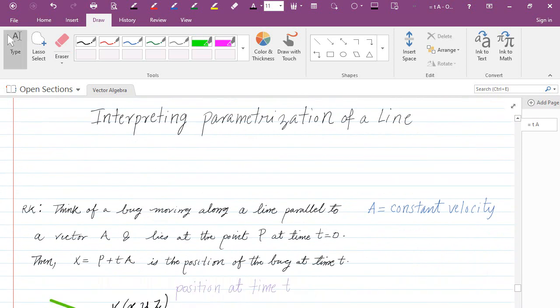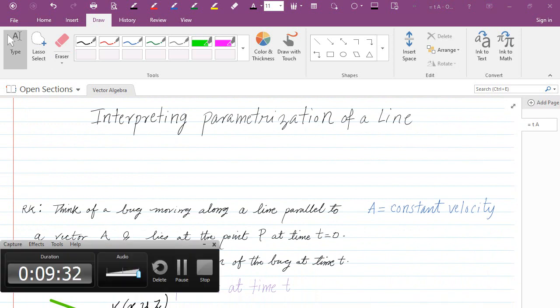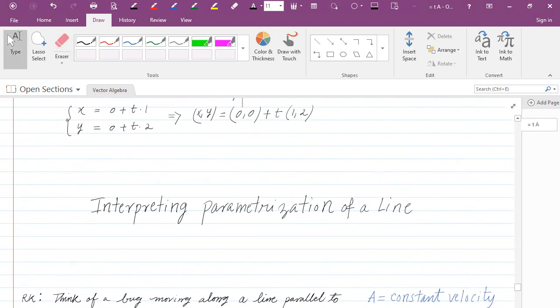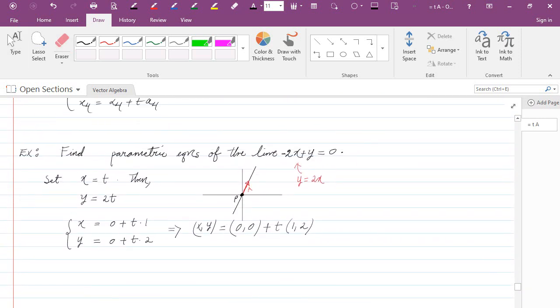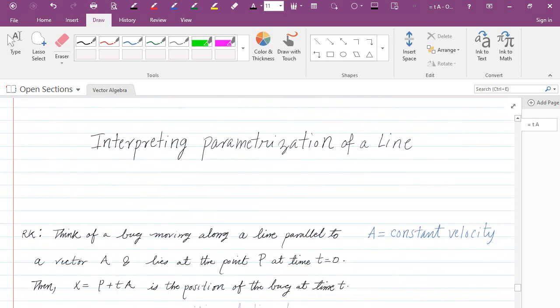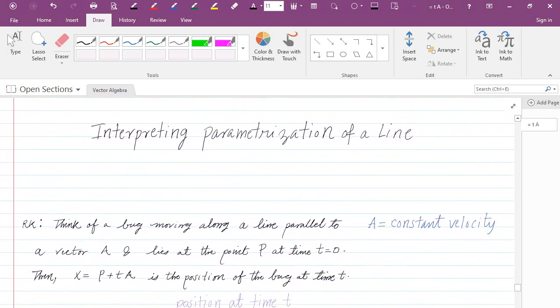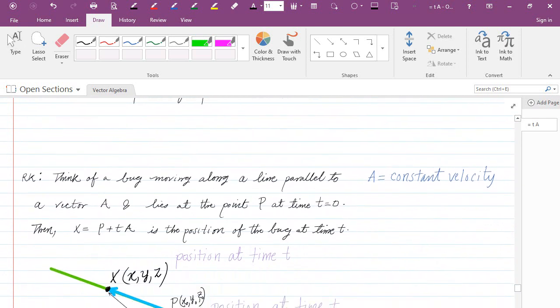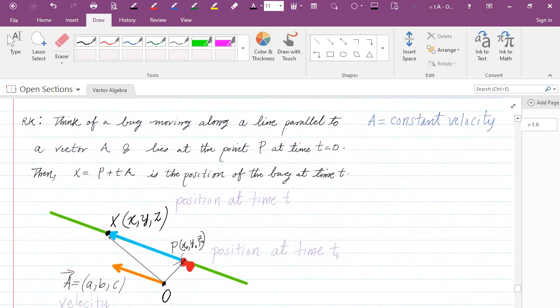So here I'm going to give you an interpretation of the parameterization of a straight line. So what would be an interpretation of the parameterization of a line? Here's an interpretation.